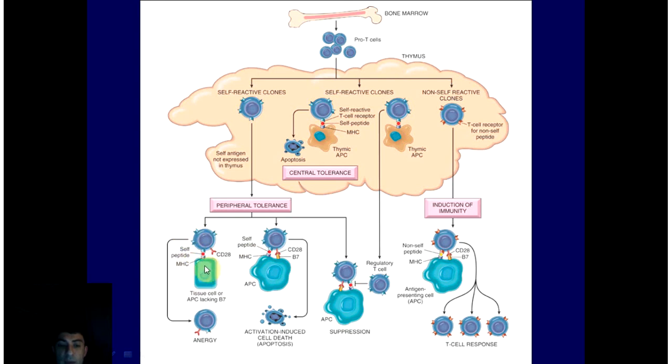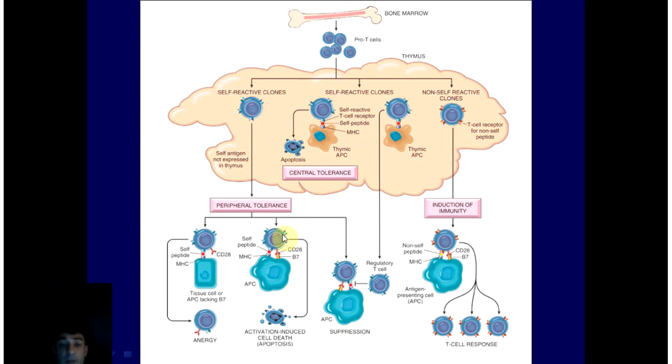Here is our tissue cell, which lacks the B7 co-stimulatory molecule, and that's why when the antigen is shown, it is recognized, but there is no co-stimulation. Usually this results in so-called anergy. This means the lymphocyte is not killed or destroyed, especially if it is our tissue cell, not anything dangerous. But usually they lose their activity and become anergic.